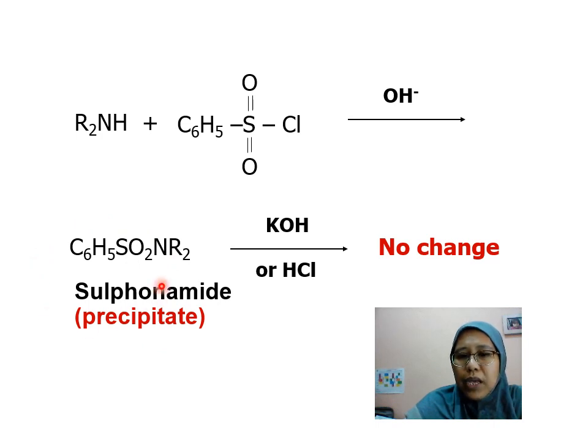But when we add acidic environment, there would be no change. There would be no change in terms of the precipitation, the sulfonamide is going to stay as it is. So the first observation is precipitation occurs. The second observation is precipitate remains.